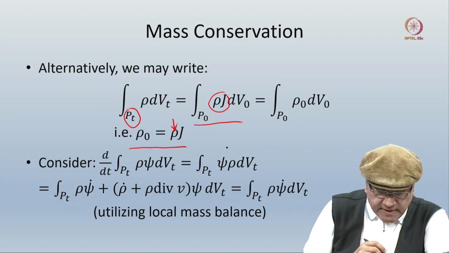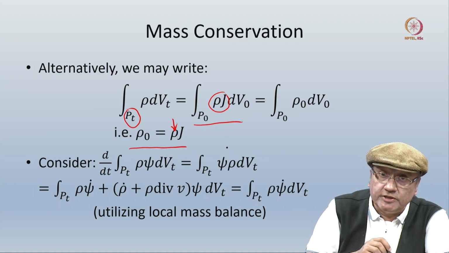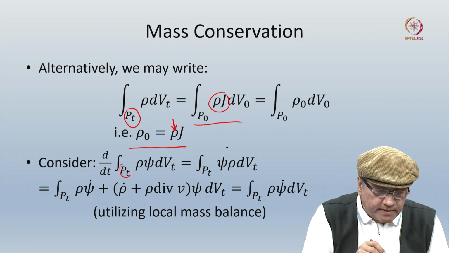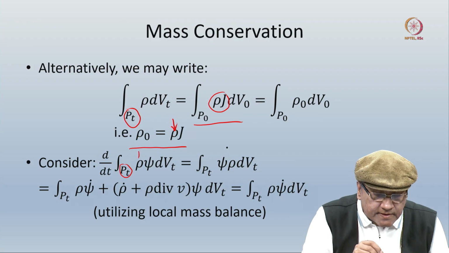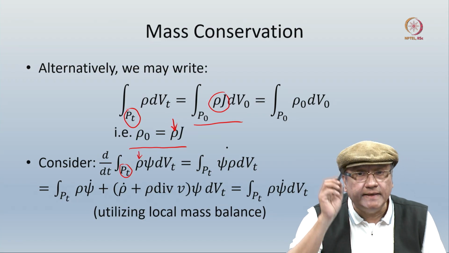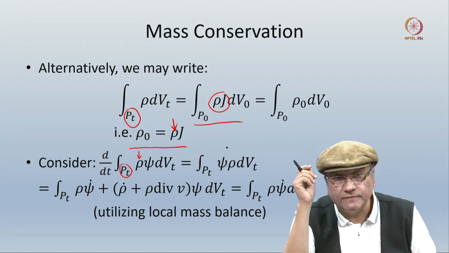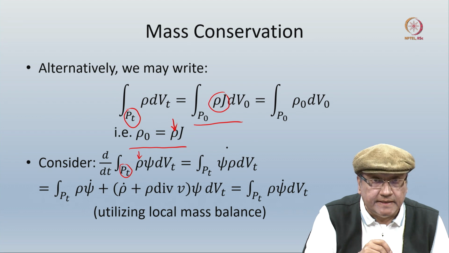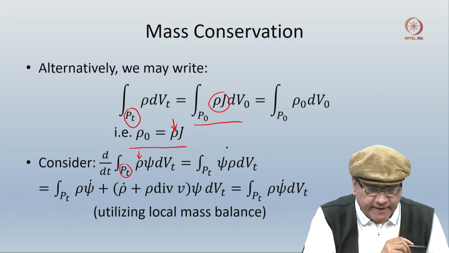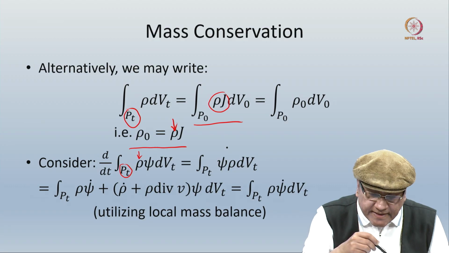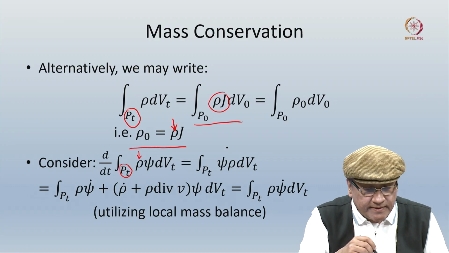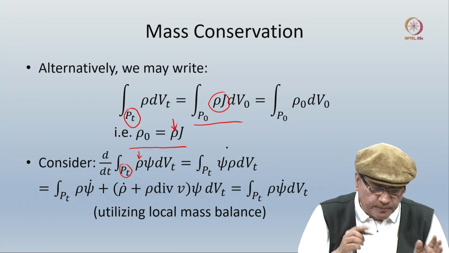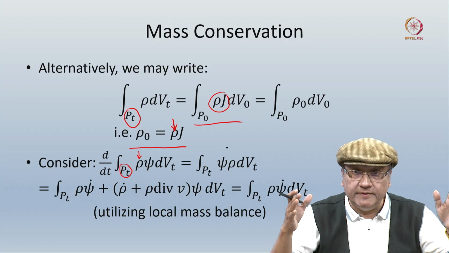So now this is also another very interesting thing which is very useful again. Consider any integral over Pt which involves some rho. Let us consider psi to be a scalar valued function. And let us say that there is a d/dt, time derivative outside. So if you want to take it inside, then you will have to apply Reynolds transport theorem, correct, because it is the spatial volume Pt which is moving with time, evolving with time.